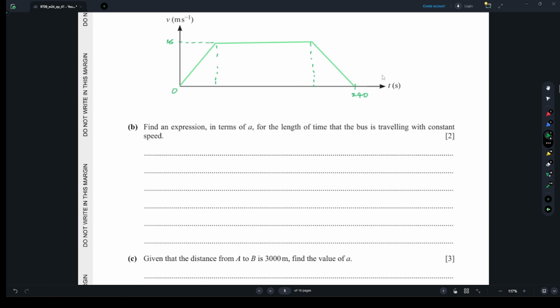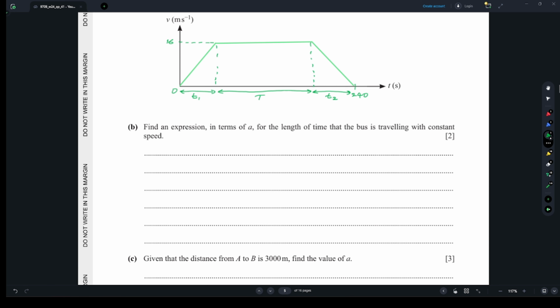Okay, so let's say for the acceleration time period, t1, and for the deceleration, let's take t2, and the time duration it travels with a constant velocity, let's take capital T. So we have to find an expression for T in terms of a.